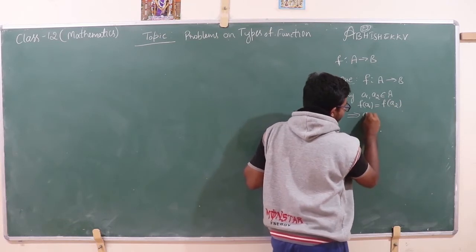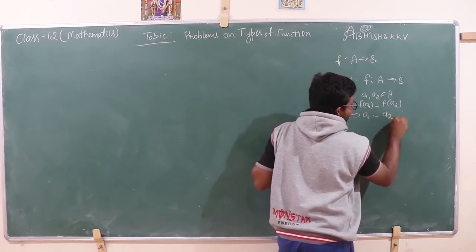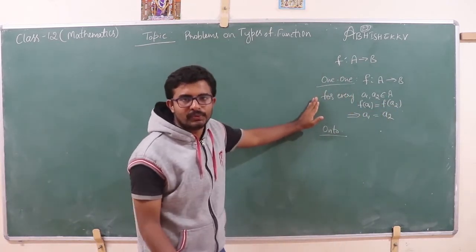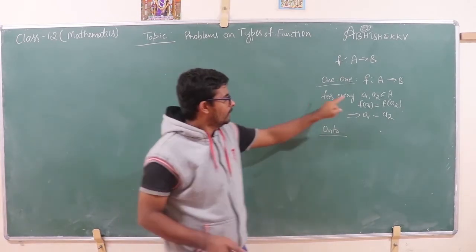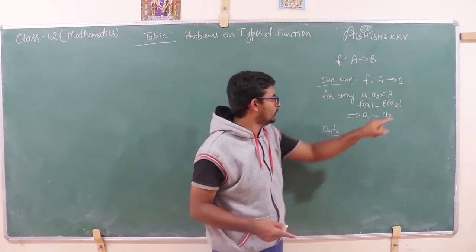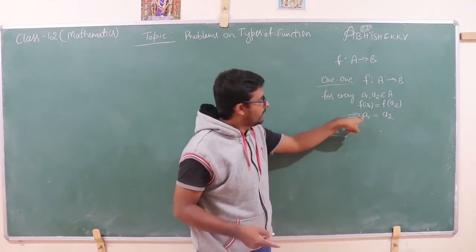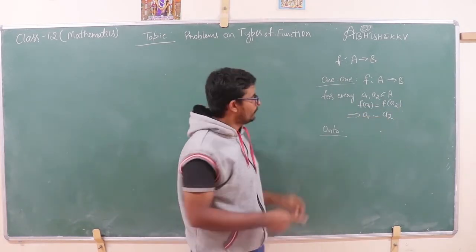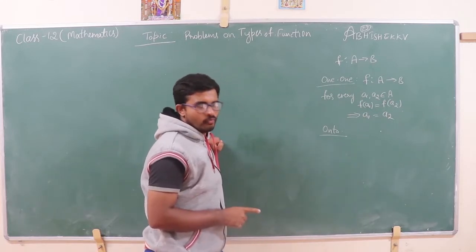That should imply a1 is equal to a2. This is the procedure to prove the given function is 1-1. We need to find f of a1 and f of a2. Then we need to get a1 is equal to a2. Then we say the given function is 1-1.